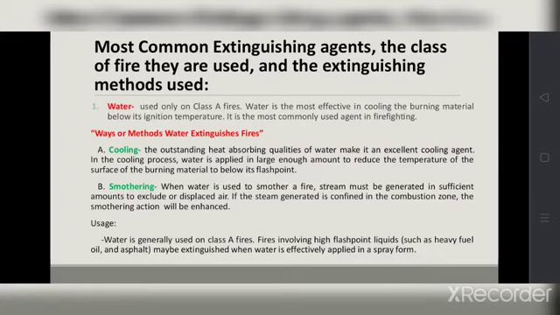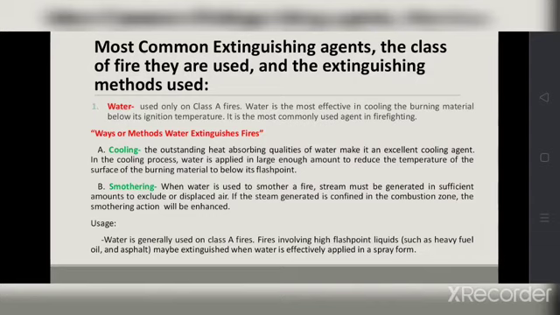First is cooling. The outstanding heat-absorbing qualities of water make it an excellent cooling agent. In the cooling process, water is supplied in large amounts to reduce the temperature of the surface of the burning material to below its flash point.